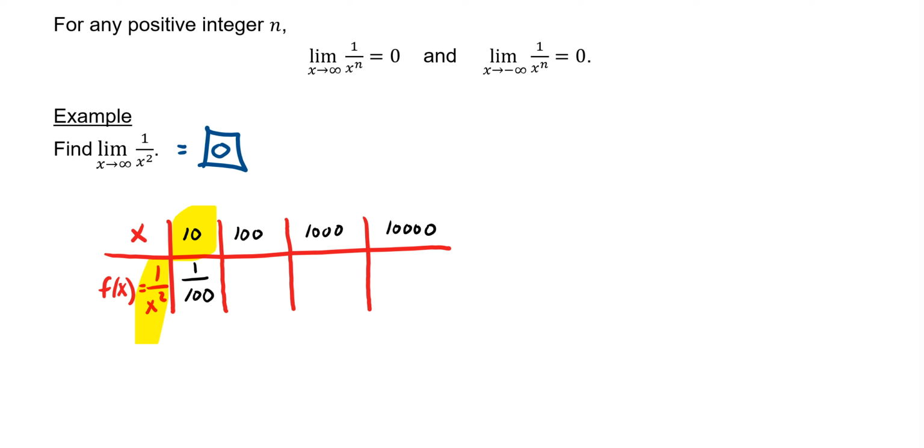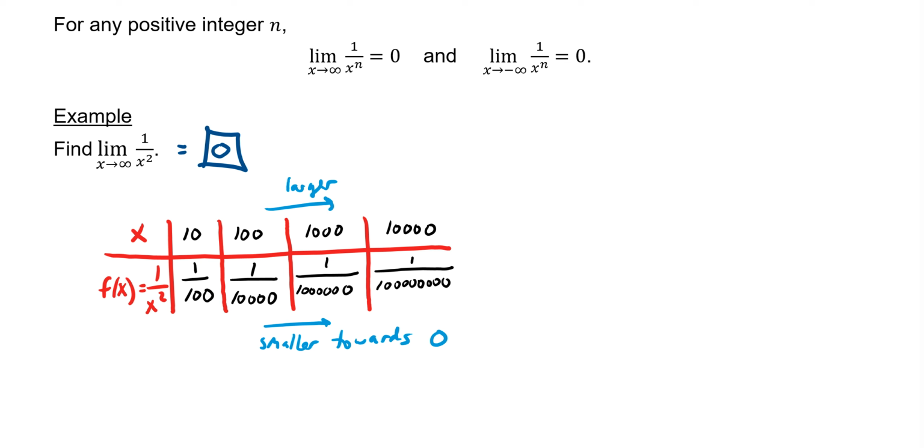That's 0.01. If you plug in 100, you would get 1 over 10,000, which is really, really small. If you plug in 1,000, you would get 1 over 1 million. And lastly, if you plug in 10,000, you would get 1 over 100 million.